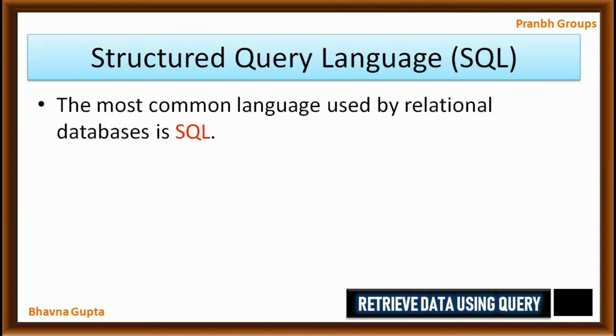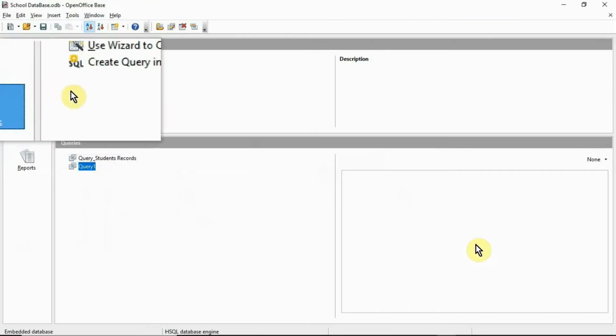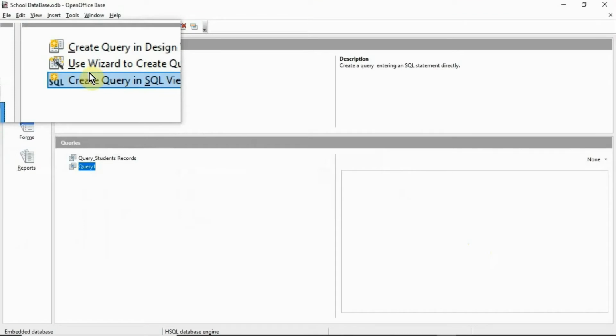It is in these fields and records that data is stored. You can use commands in the SQL language to access and manipulate the data in the fields and records of a database. Let's do the practical and see how to create a query in SQL view.